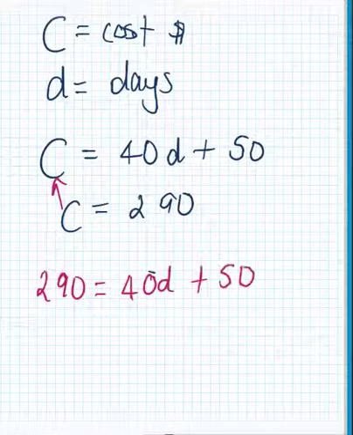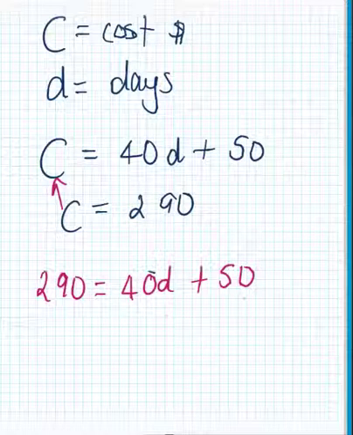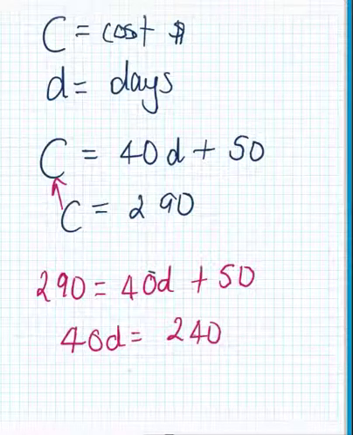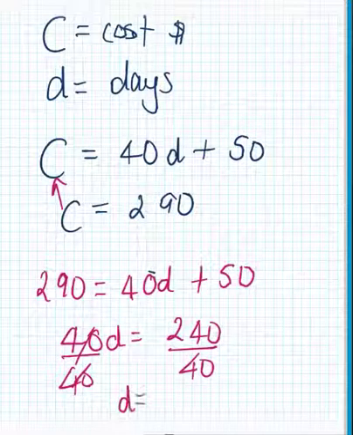And all we're going to do now is solve for D. So minus 50 on both sides. That will leave me with 40D equals 240. And then divide by 40. And D will equal, cross off my zeros, 24 divided by 4 is 6.